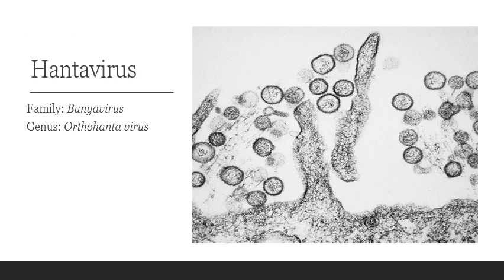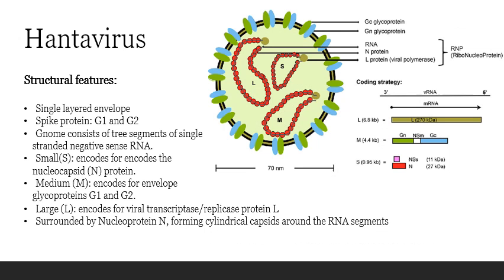Okay, so let's talk about the hantavirus. Here you can see a picture of how it actually looks. It's pretty cool, I thought. All right, so let's talk about the structural features of the hantavirus. The Orthohantavirus has a single layered envelope, and as you can see here, it has two spike proteins, G1 and G2, or the Gc glycoprotein and the Gn glycoprotein.